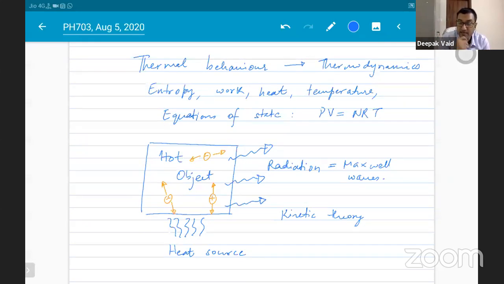Now you have to keep in mind that when all of these ideas were being developed in the middle and the second half of the 19th century, people still did not believe in the existence of atoms. Okay, so there was no complete logical proof of the existence of atoms.